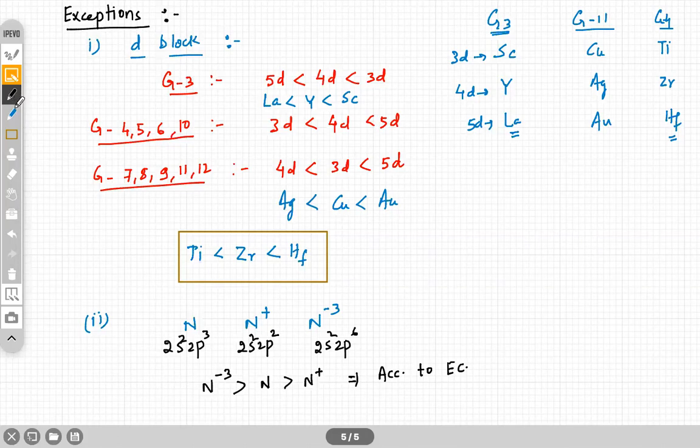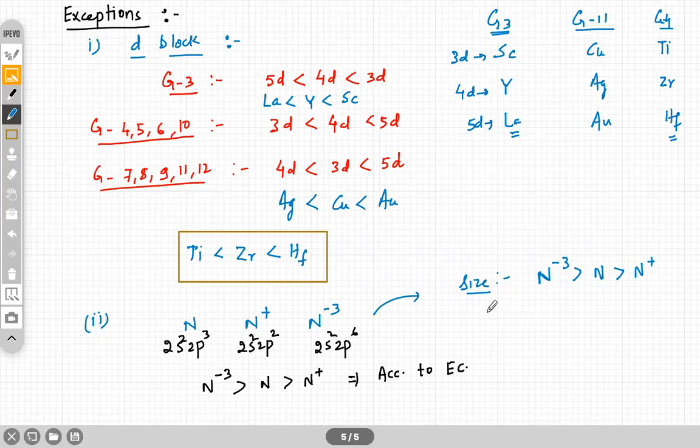Now, if you talk about the size of atoms or ions, which one has the maximum size? Maximum size is for N3 minus, then N, and then N plus has the minimum.